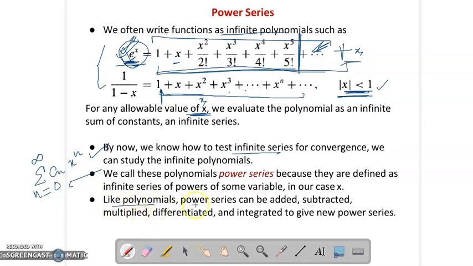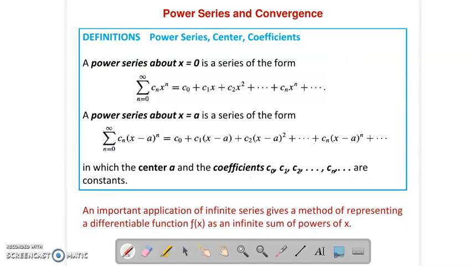Like polynomials, power series can be added, subtracted, multiplied, differentiated and integrated to give new power series, right? But we will look into it in detail, under which circumstances you can actually integrate them or differentiate them, or under which conditions you can actually multiply two power series to get another power series, right? We will see. So let's first formally define what is a power series.